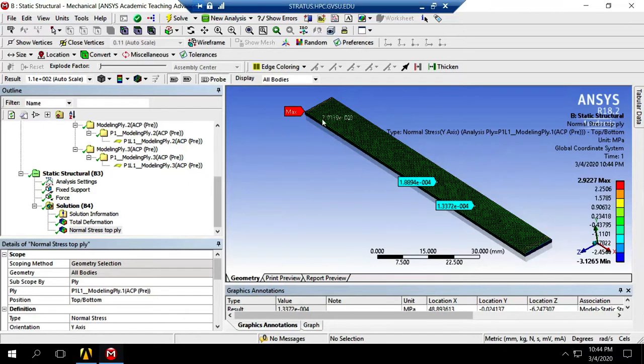So for this analysis, I'm not interested in seeing stresses close to boundary conditions. I'm just interested in the middle of the beam. This is where our equations that we are developing in our course are going to work, similar to 309.